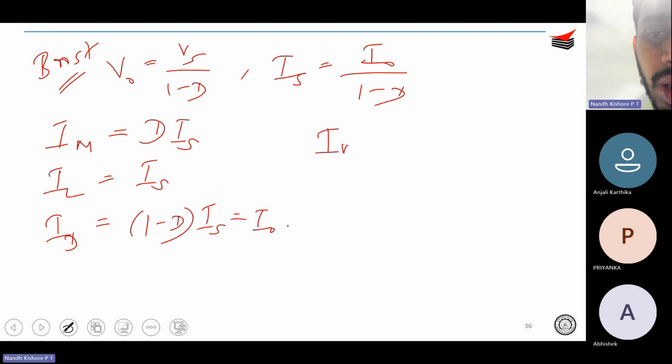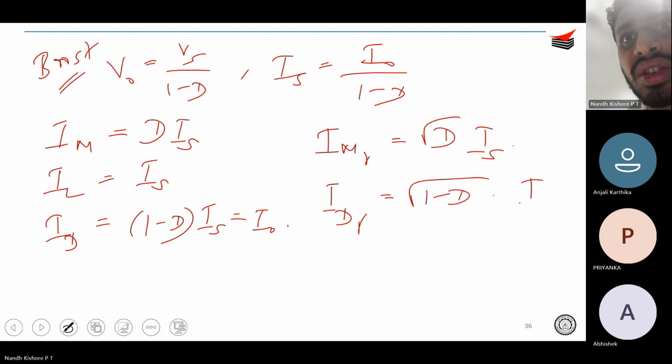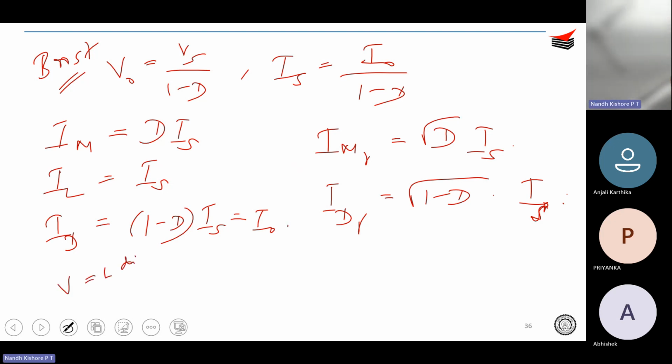And RMS current through the switch will be root over D times Is. RMS current through the diode will be root over 1 minus D times I naught. I'm sorry, Is. Okay. To find out what L and C are, just use V is equal to L di by dt, I is equal to C dV by dt.